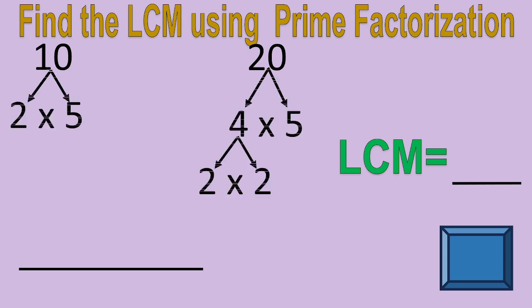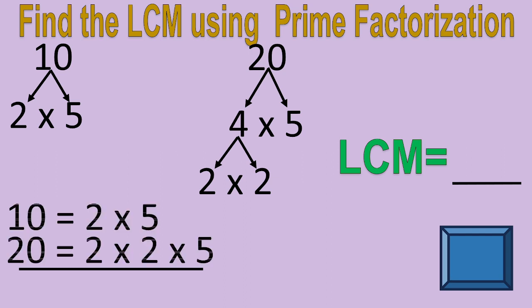The answer is: the prime factorization of 10 is 2 and 5, and the prime factorization of 20 is 2 times 2 times 5.